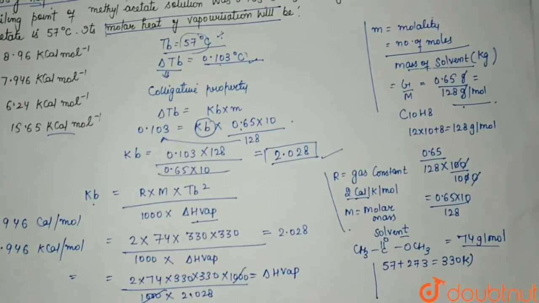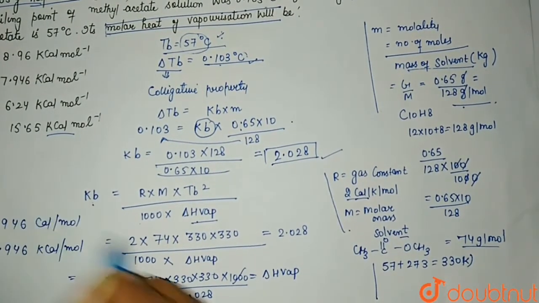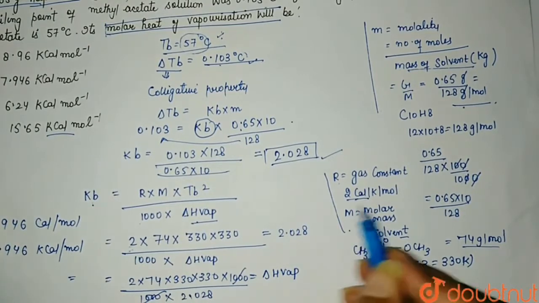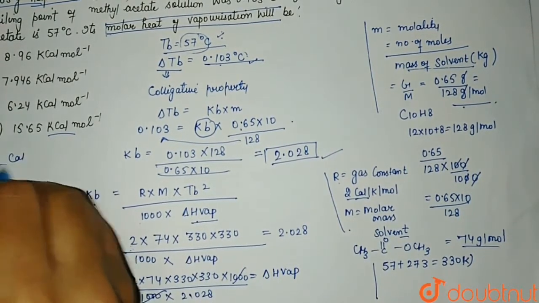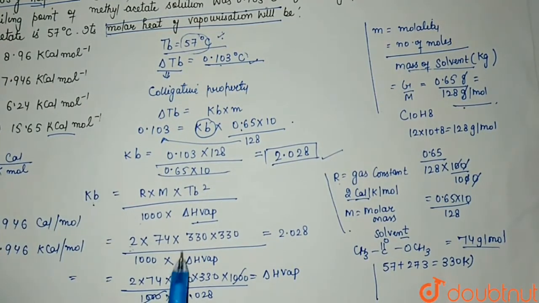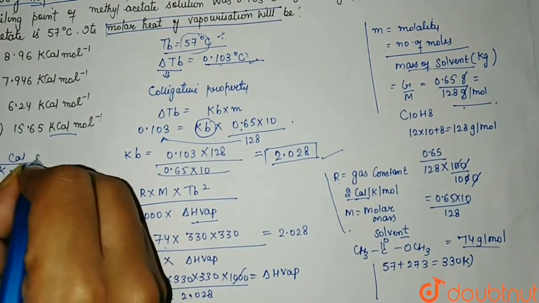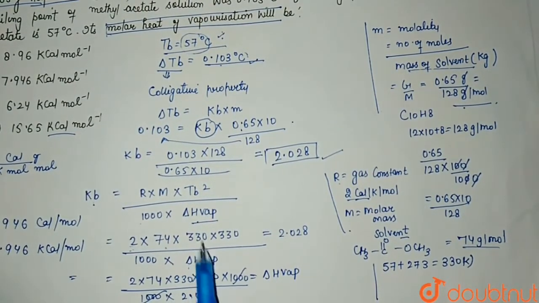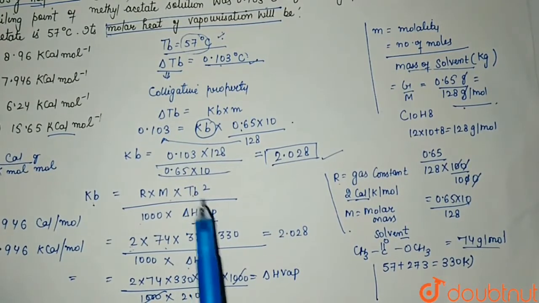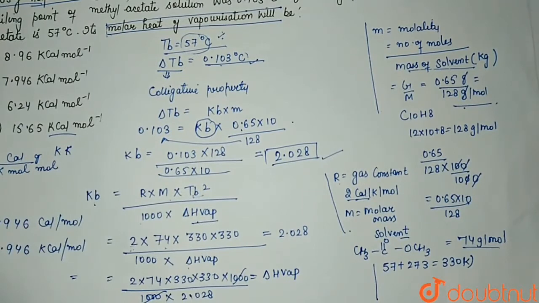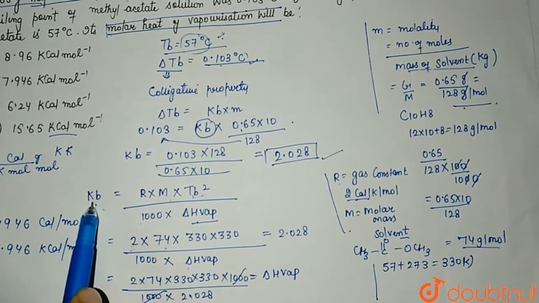If I talk about the units, this is your R value, that is calorie per Kelvin, and here we have per mole, and then we have this molar mass, that is gram per mole. Then this is your TB, in Kelvin, so here two Kelvins are there, and this KB, what is this KB?